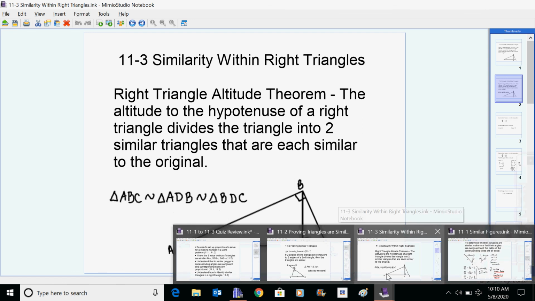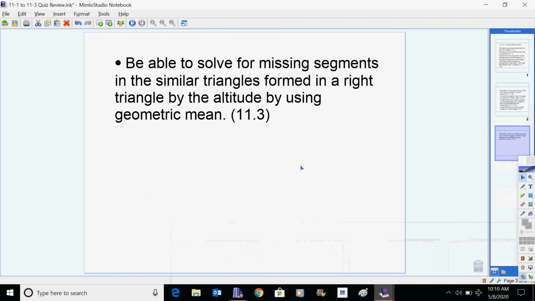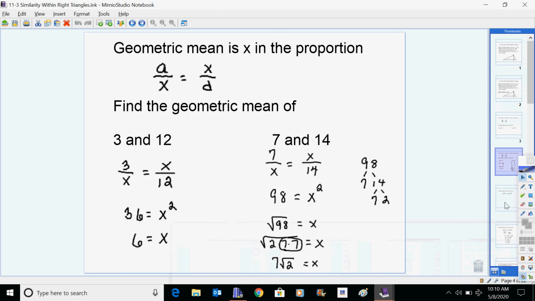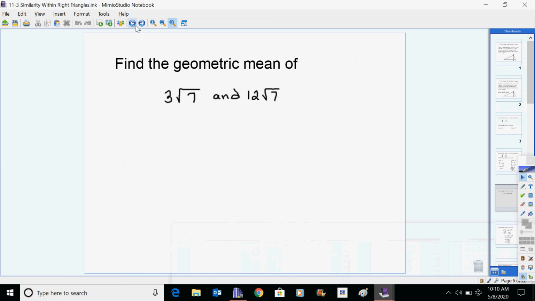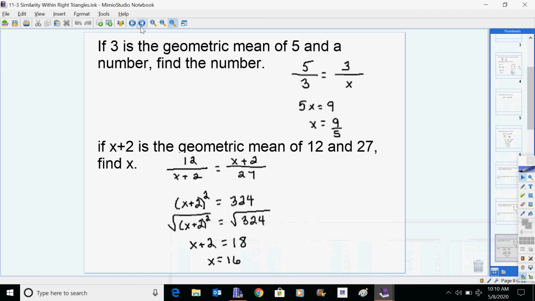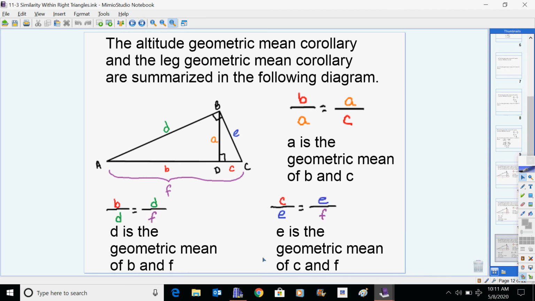The other thing from section 3 that you need to know is how to solve for the missing segments using the geometric mean, and that was the bulk of the lesson. Being able to find the geometric mean was a tool to get you going, but then you need to be able to use these templates to put the different things in the different spots.